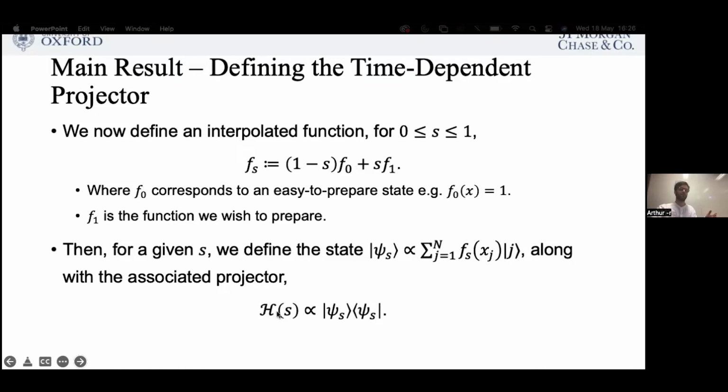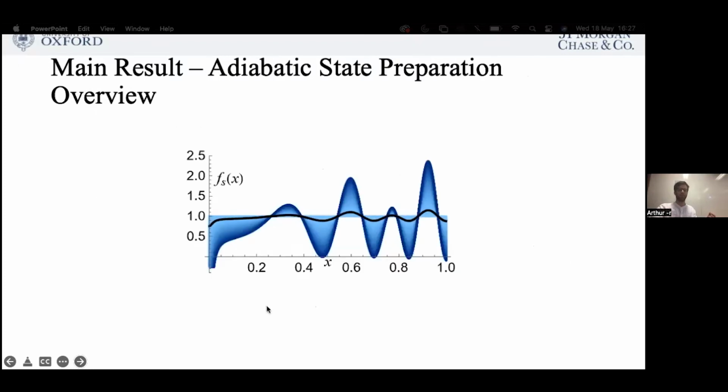And as we mentioned a moment ago, we can perform the efficient evolution simulation of such a projector, since it corresponds to a projector onto a continuous state. And so this animation visualizes this procedure. We start with a uniform distribution, and then as s increases, we end up in the final state that we want to prepare.